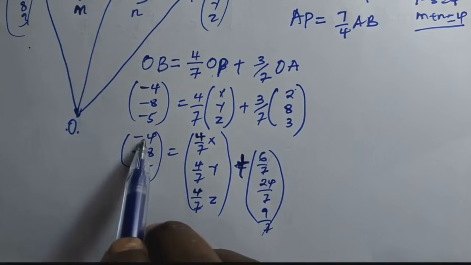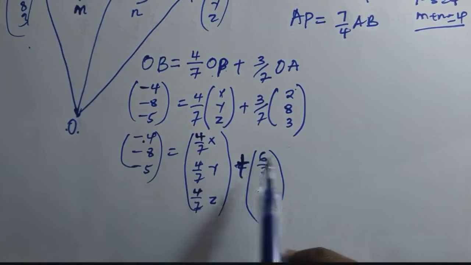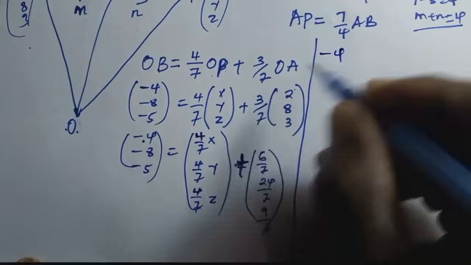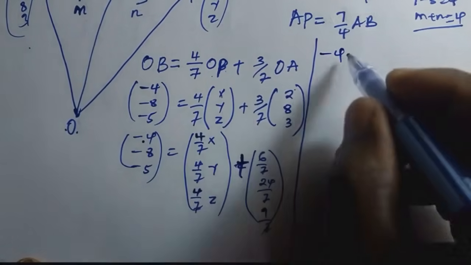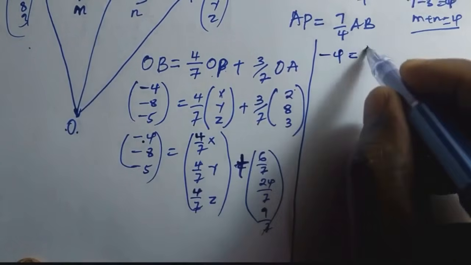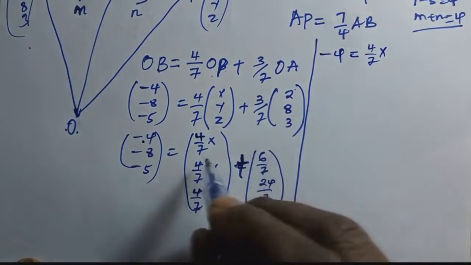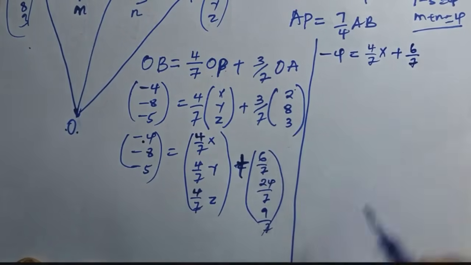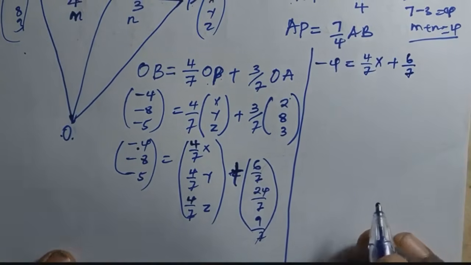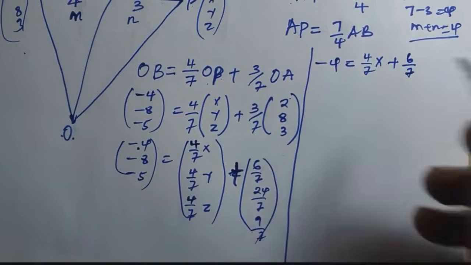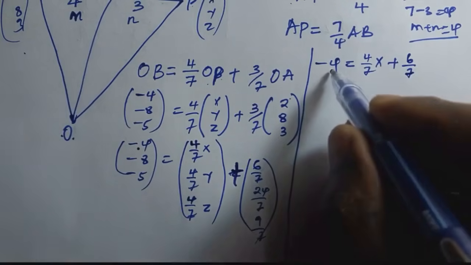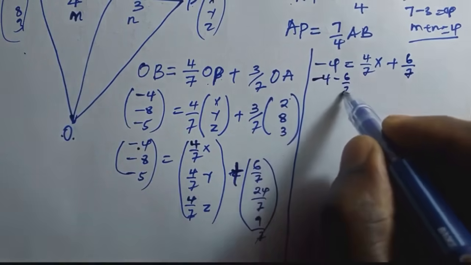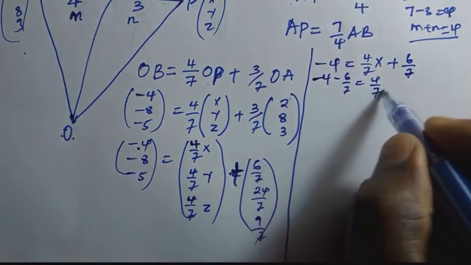So this is equal to this plus this. So we can solve each individually. So we'll say -4 for the first is equal to 4 over 7x plus 6 over 7. Now from there you put like terms together to get the value of x. You bring this one here, it will be minus 4 minus 6 over 7 is equal to 4 over 7x.